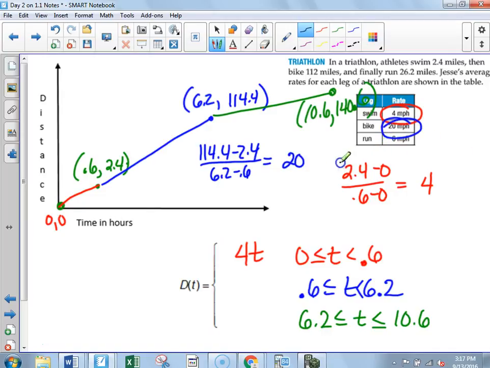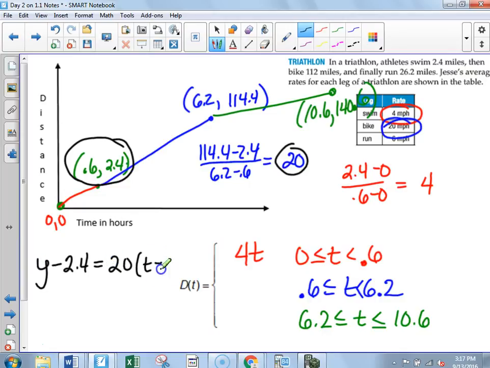Now, I want to talk about what happens if I use this point right here and this slope, and I do point-slope.